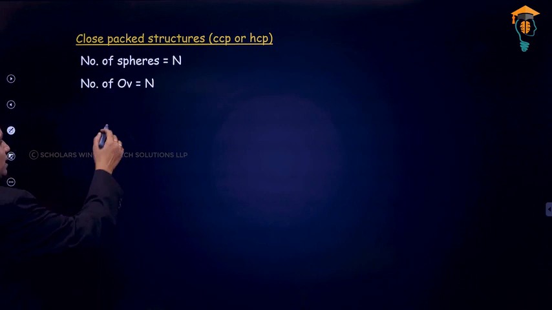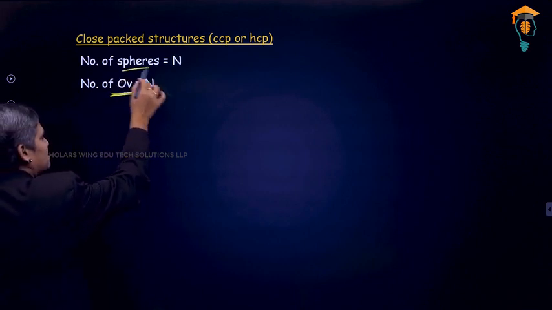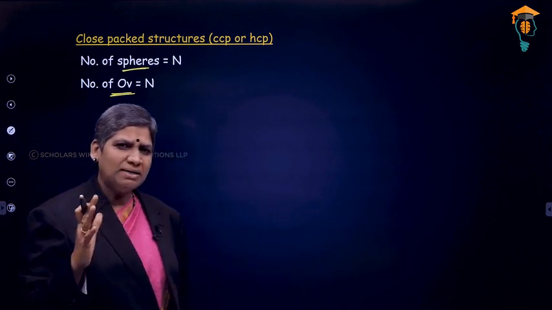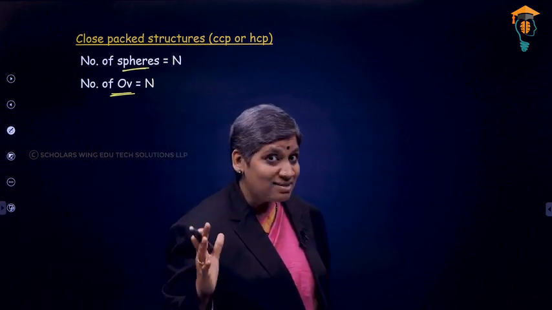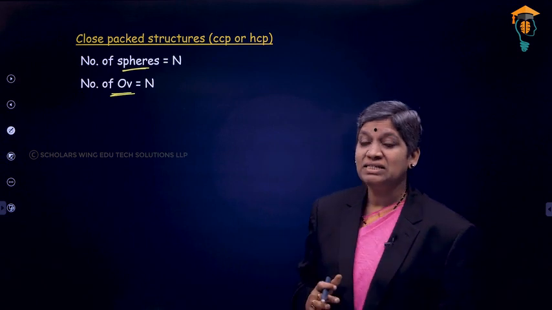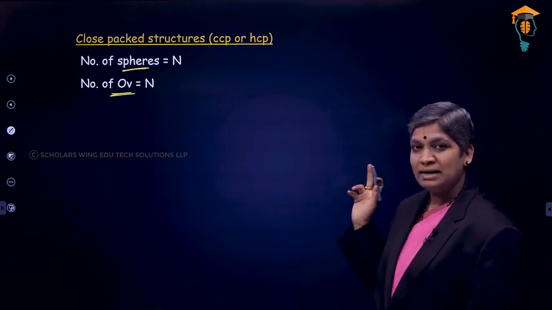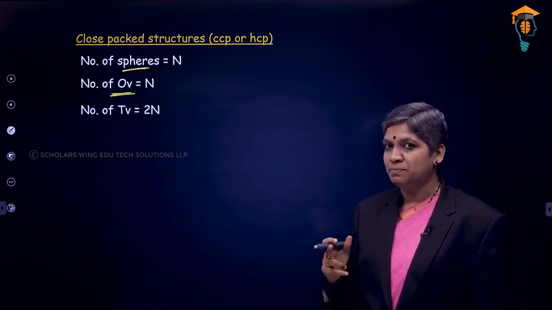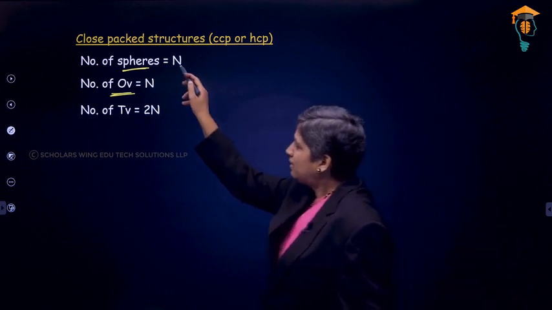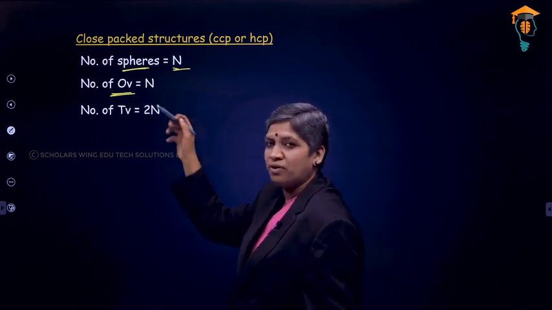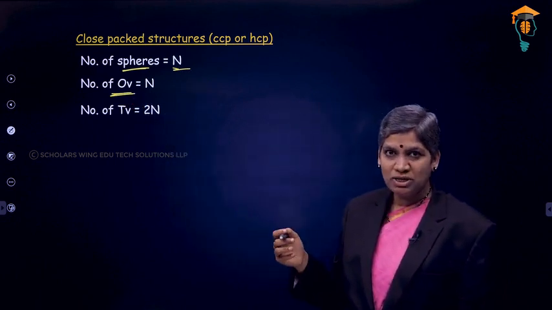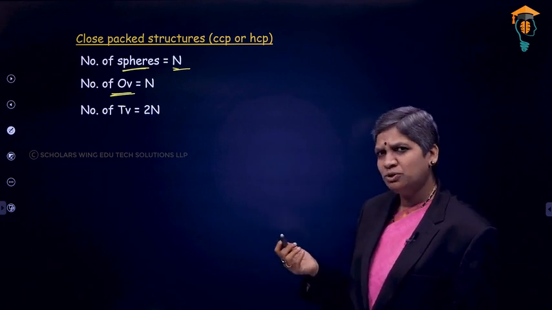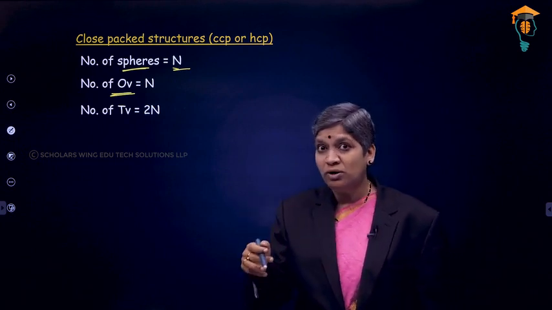That means the number of octahedral voids and spheres are equal to each other. This is very important. Whereas the number of tetrahedral voids is found to be equal to 2 times n. That is, it is twice the number of spheres present. But here, number of spheres and number of octahedral voids are equal to each other. That means it follows that number of TV should be twice the number of OV also.